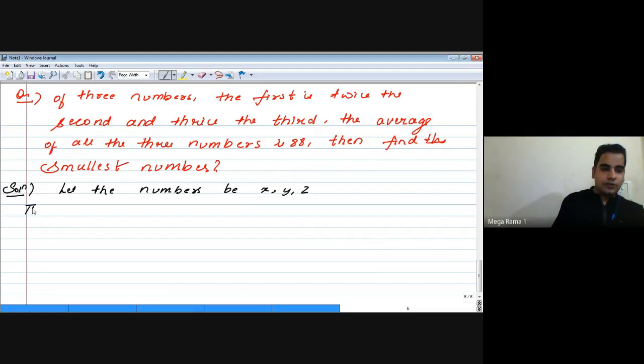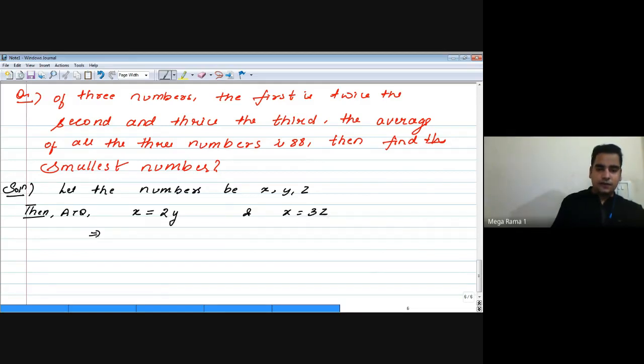Then, according to the question, the first is twice the second, that means x is equal to 2y, and thrice the third, x is equal to 3z.